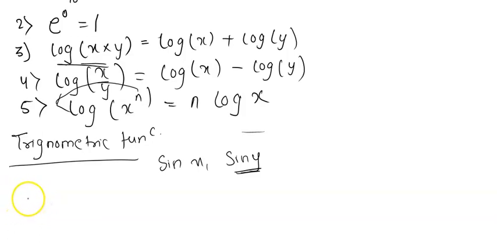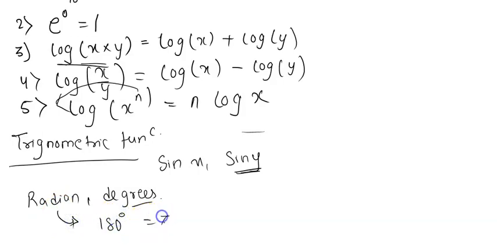A very basic thing is that the trigonometric term is written in two ways, either in radian or in degrees, right? In radian, basically we mean that 180 degrees is equal to pi radian.